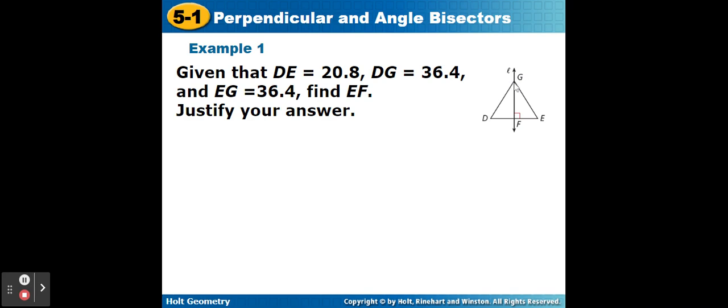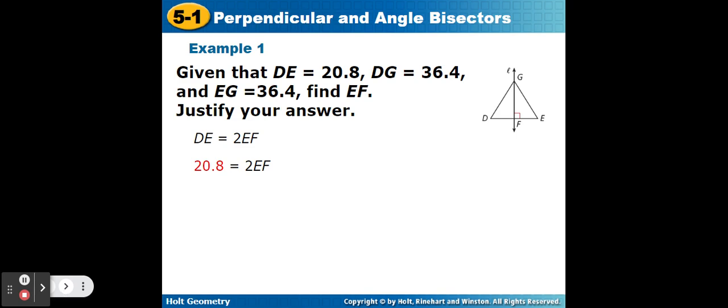Now, since G is on this line, GF, and it is equidistant from the endpoints of the segment, the converse of the perpendicular bisector theorem tells me that these two segments, DF and DE, must be congruent to each other. So here I'm using the converse of the theorem. I know DE has got to be twice the length of EF.